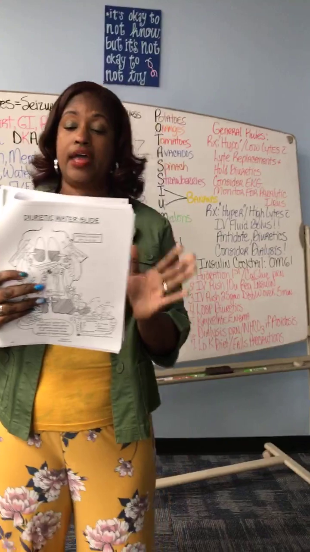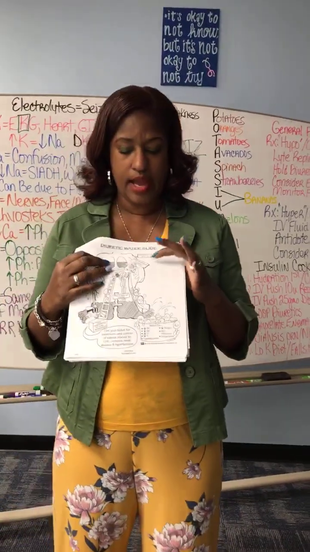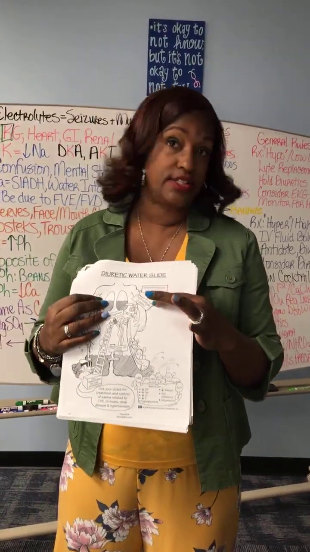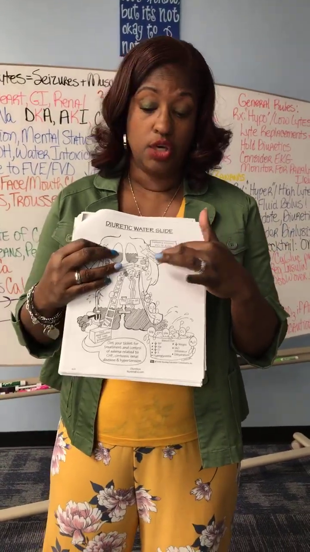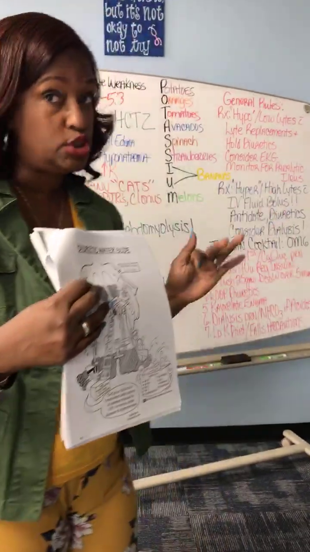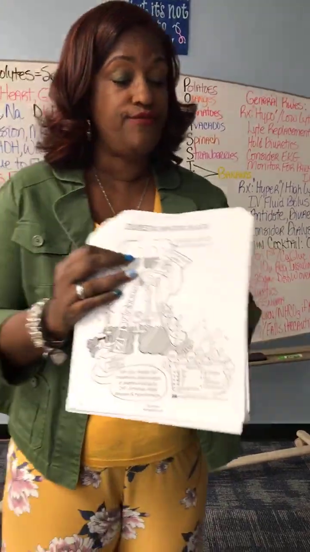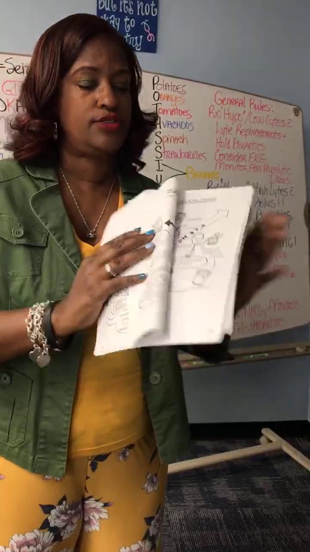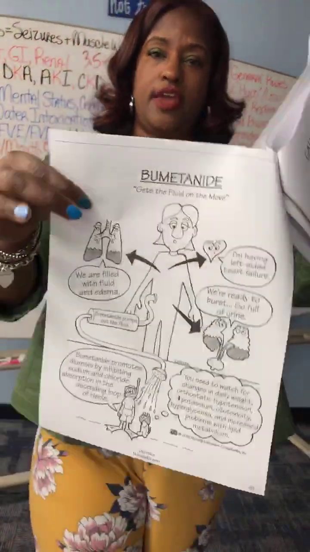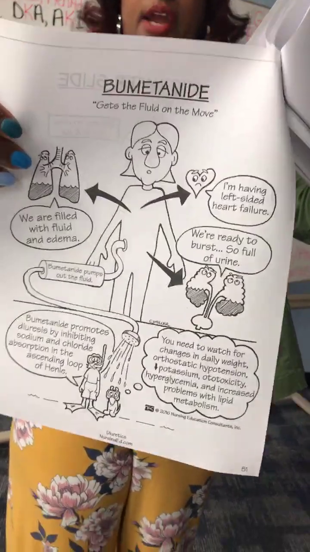Okay? Then you'll see furosemide. Sounds cute, but that's not what's going to be on your exam necessarily, because you have another one that people don't know that well. This is a very popular diuretic.